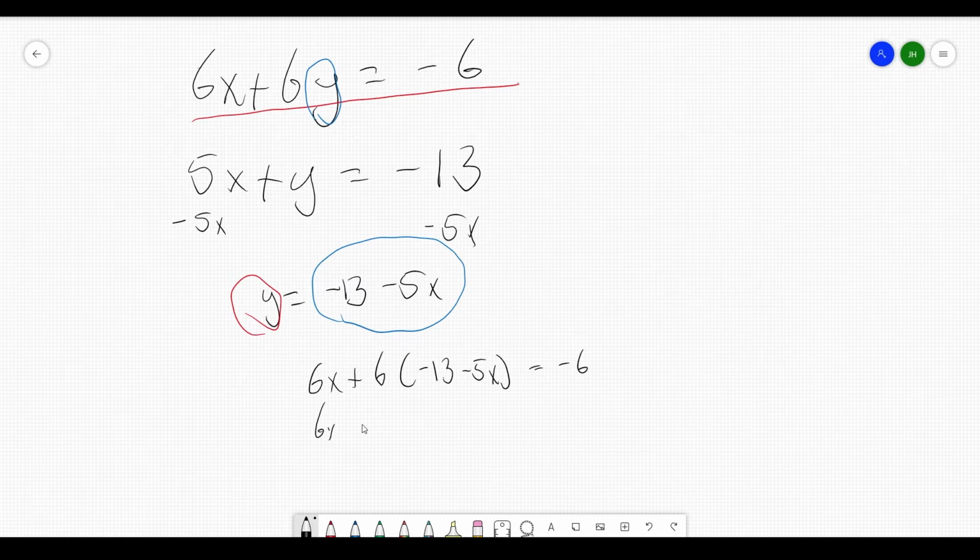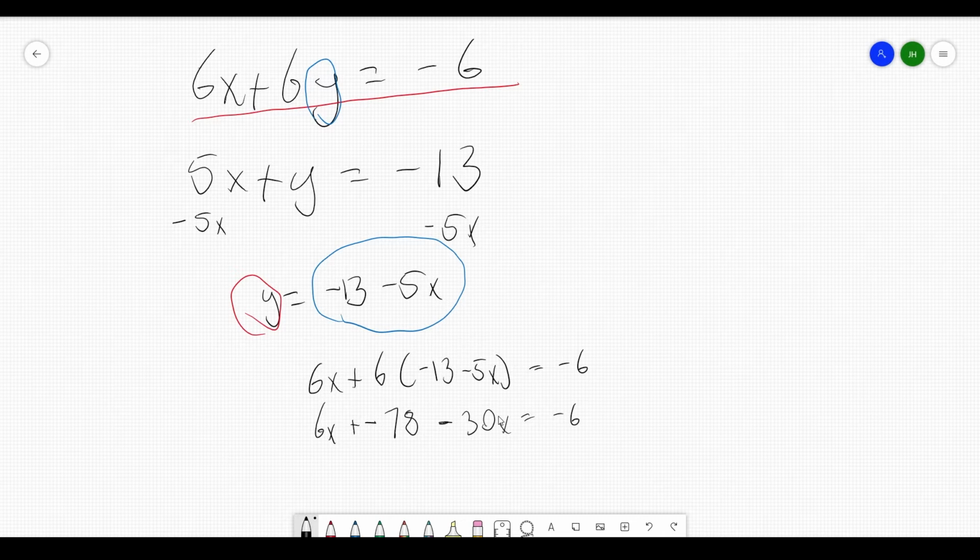So we get 6x plus negative 78, so that's going to become a minus 78, and then 6 times negative 5 is negative 30, so minus 30x equals negative 6. Cool.